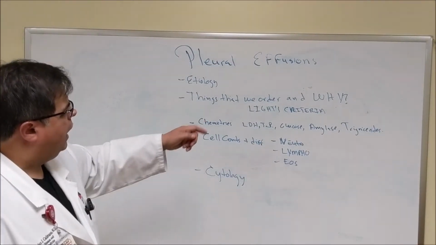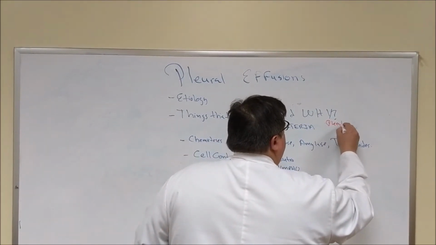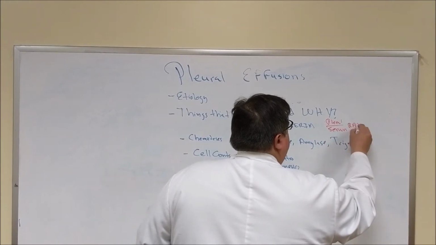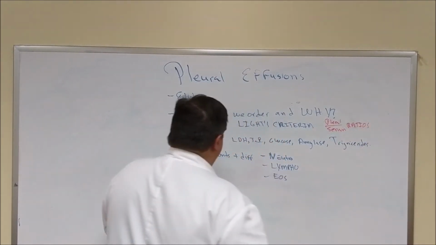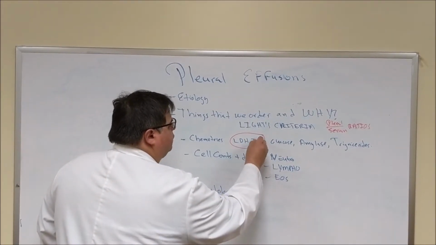triglycerides. The Light criteria refers to the ratio of pleural fluid to serum, okay? And why is it important? We take the total protein and the LDH.